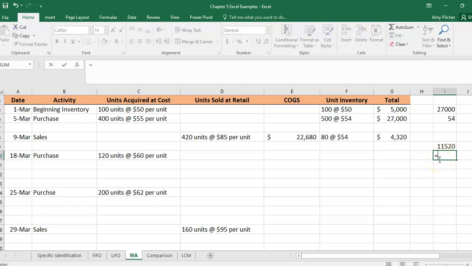We take that and divide it by 200. 80 plus 120 is 200. We now have an average cost of $57.60 per unit. Now we have 200 units at an average cost of $57.60 per unit.